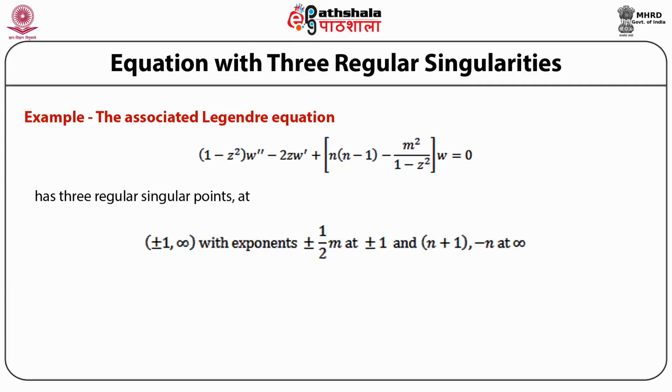The equation has three regular singular points at minus 1, infinity and 1 with exponents plus minus half m at z is equal to plus minus 1 and minus n plus 1 at z is equal to infinity.